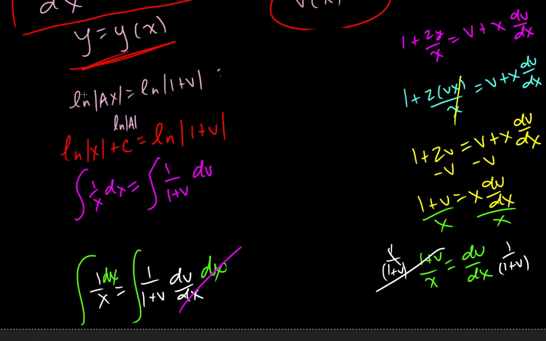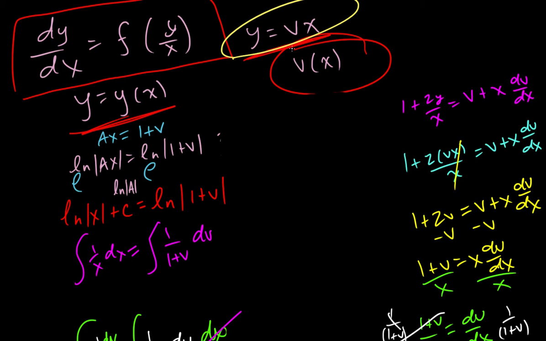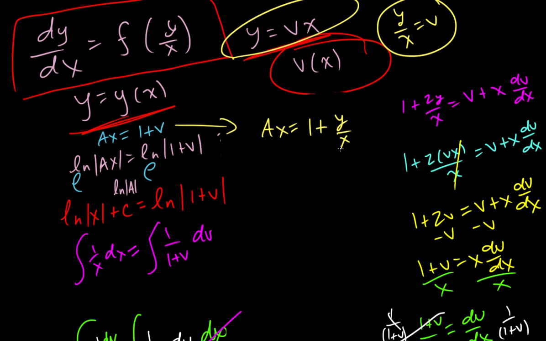The reason why we do that is now we can get rid of the natural log by doing e to both sides. And so we get ax is equal to 1 plus v. And if we plug in our thing for v, y over x is equal to v. Replace that v right here. So ax is equal to 1 plus y over x.